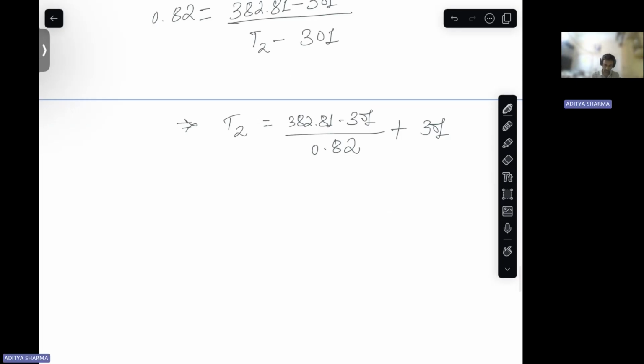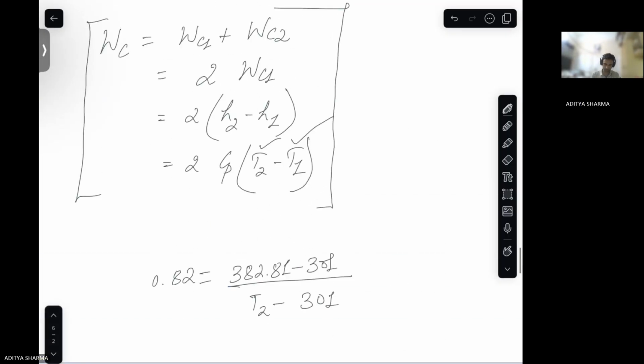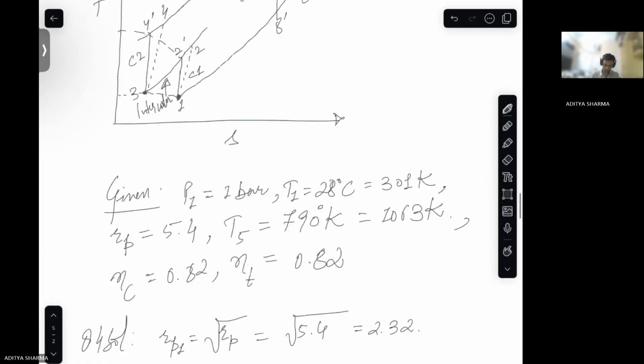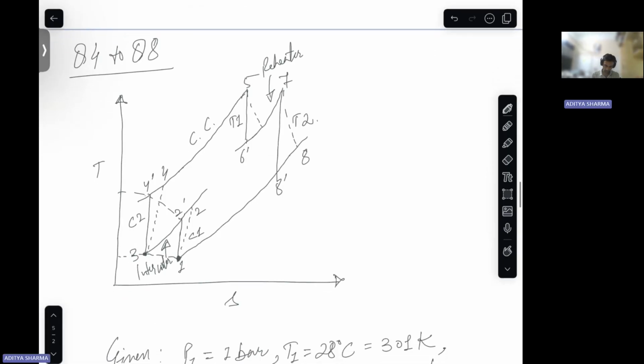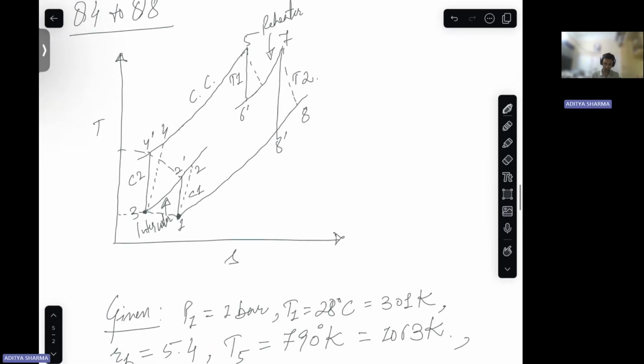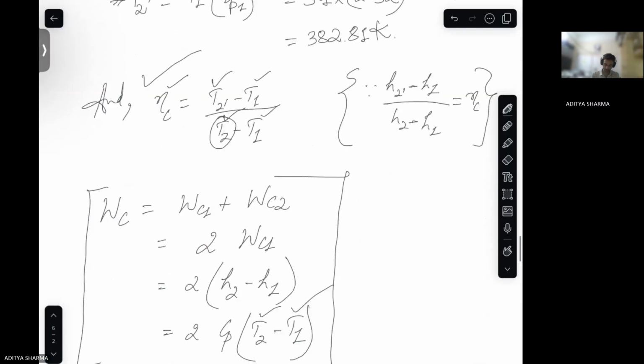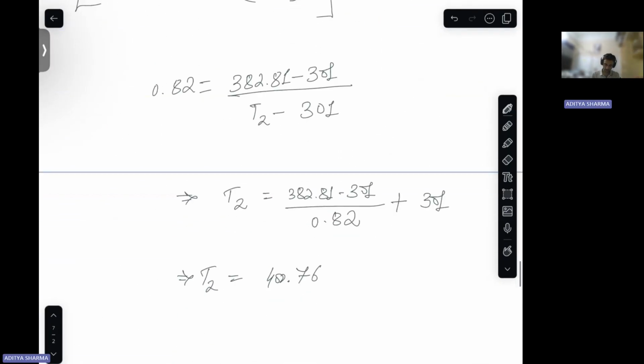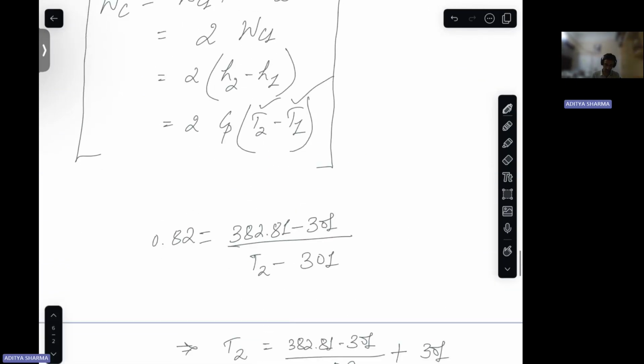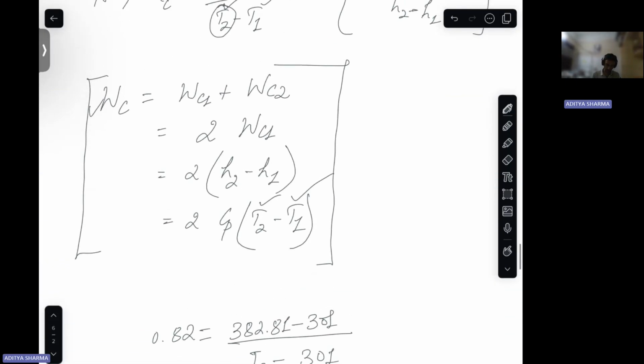So if we work this out, this comes out to be 400.76. It's Kelvin. Now this can be used to find out your WC.